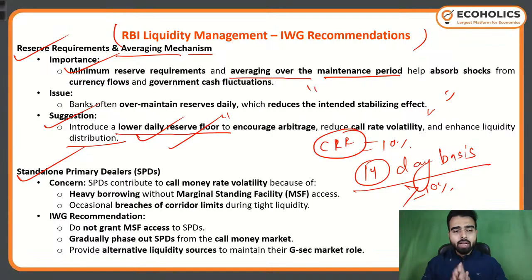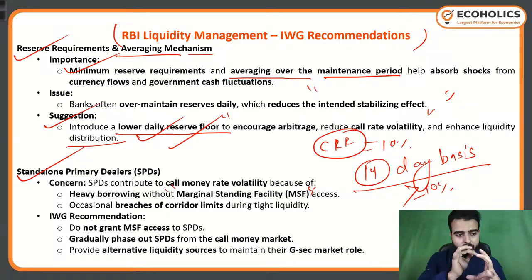Now, standalone primary dealers participate in the call money market, first of all. But the reality is they are not allowed in the marginal standing facility. They don't have access to MSF. We saw that the liquidity adjustment facility works in a corridor. The upper ceiling is the marginal standing facility, in between we have the repo rate, and the lower ceiling is the SDF, that is the standing deposit facility, or reverse repo, you can say.